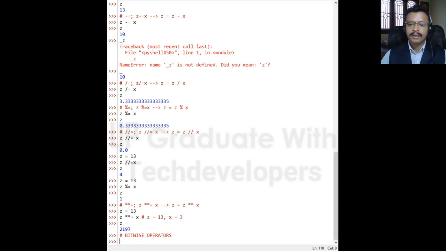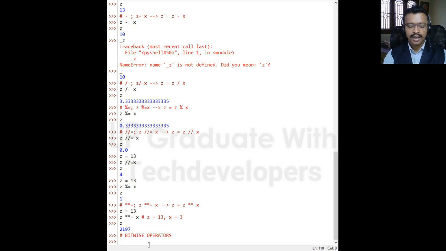So here the values are represented in the form of bits, that means a series of zeros and ones, binary values. And in this bitwise operation, the bitwise operators work on bits and perform bit by bit operation.